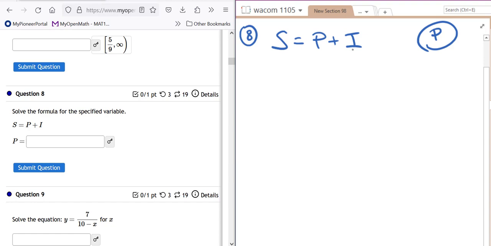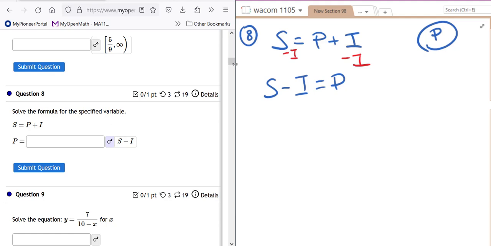We want p, so we don't want I. We're going to subtract I. And here you're going to have to do it after. Don't do it in front because that will mess up your signs. So it has to be s minus I equals p. And p is isolated, so that should be your answer. And it already had the p there.